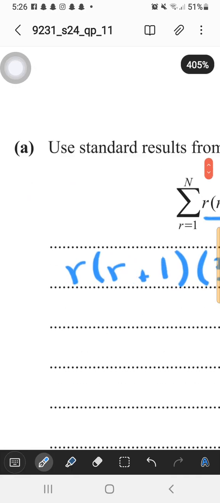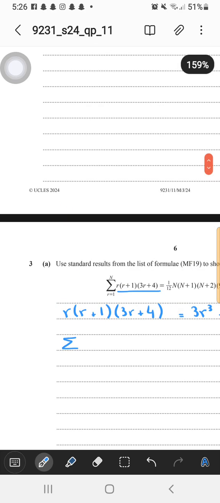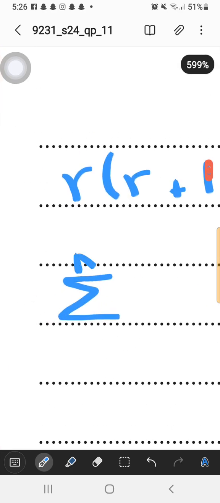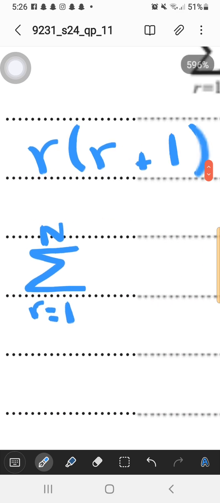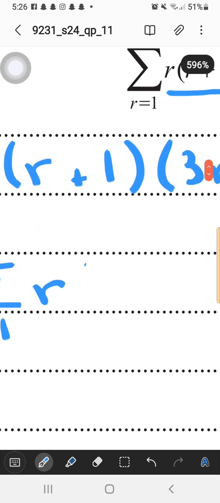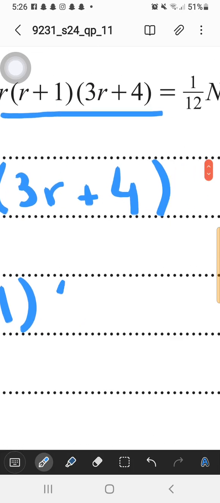So we have to find the summation, with capital N over here and r equal to 1 below, of r(r + 1)(3r + 4).